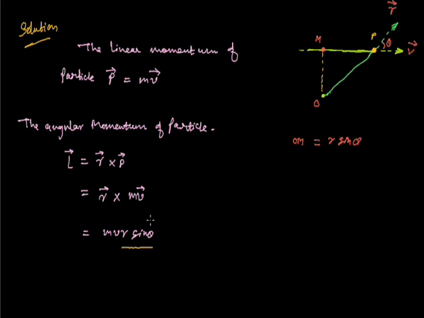So the value r sine theta will remain constant throughout its complete motion. The magnitude of velocity is not changing. The particle is moving with constant speed.